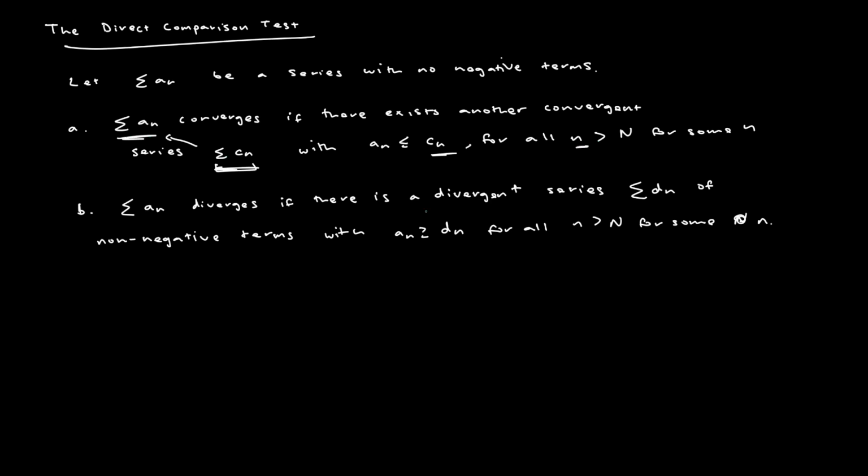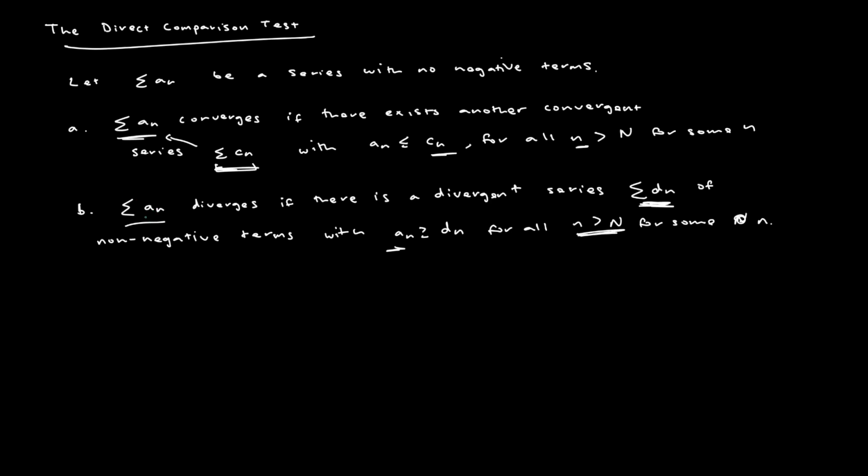Similarly, if we have the series represented by the sum of d of n, which always takes on lower values after some point, and doesn't have to initially take on lower values than the series we're concerned with, and we know that that series diverges, then obviously the series that takes on higher values as n goes towards infinity should also diverge.